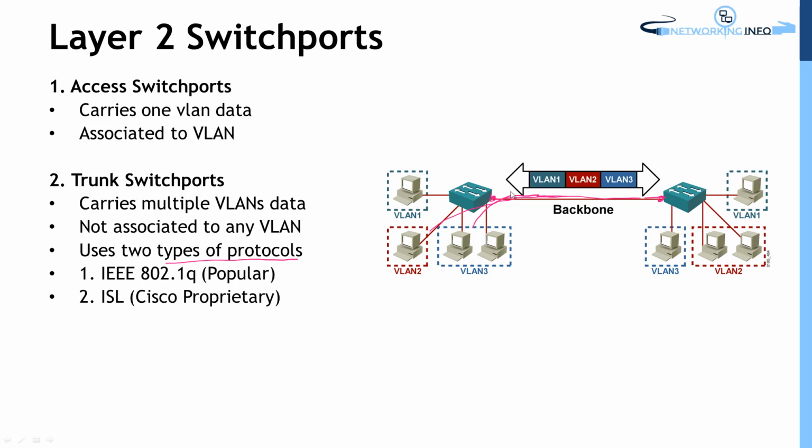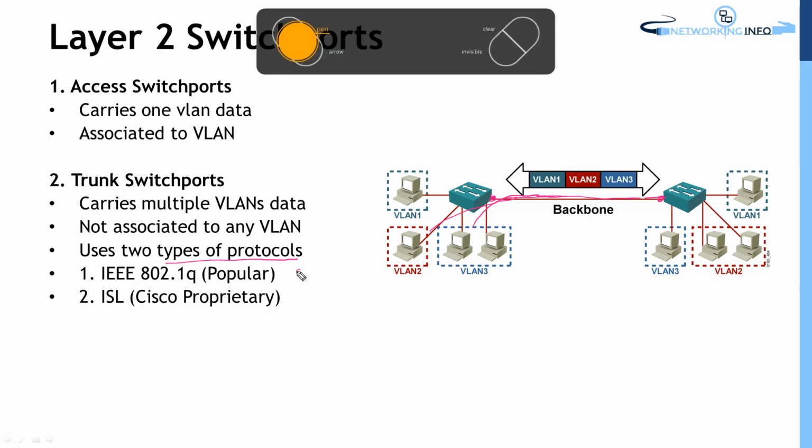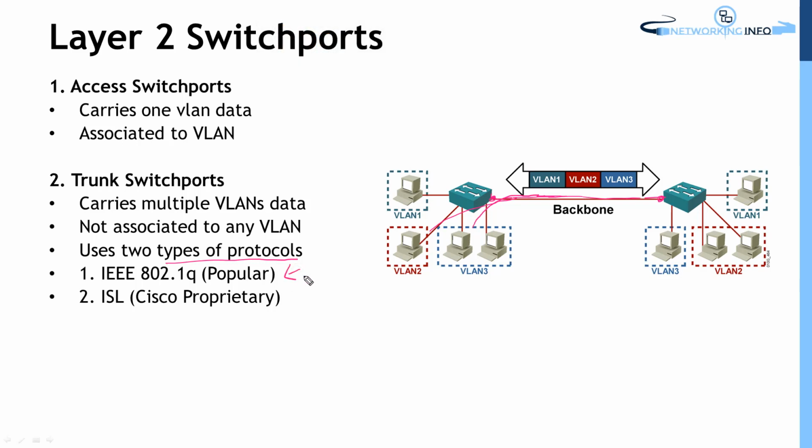So whenever you have two switches and you configure a trunk port, there will be one of these protocols. Most of the switches have IEEE as the default protocol, which is very popular, and ISL is being removed because of the extra overhead.